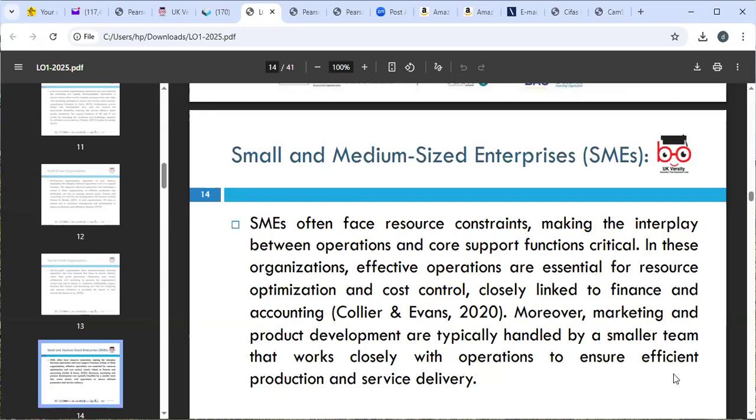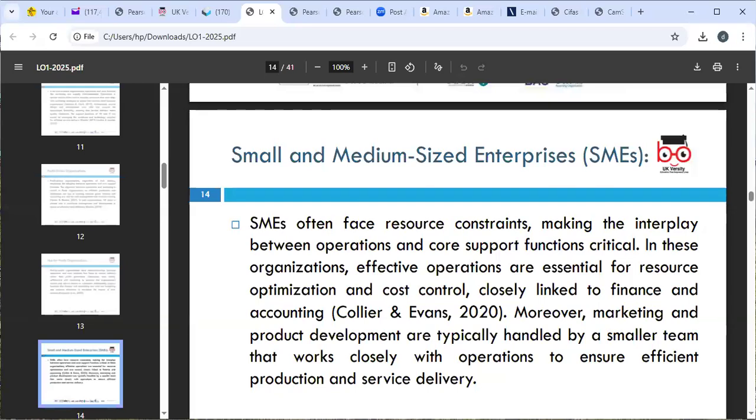In these organizations, effective operations are essential for resource optimizations and cost control, closely linked to finance and accounting. Collier and Evans 2020. Moreover, marketing and product development are typically handled by a smaller team that works closely with operations to ensure efficient production and service delivery.